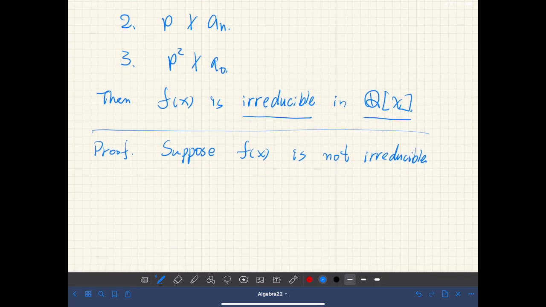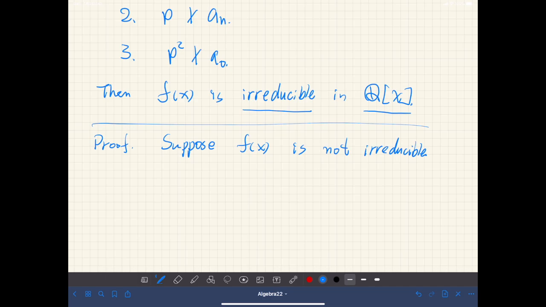So this implies that this f of x can be factorized into the product of two polynomials in Q[x] in this ring. But this in turn implies that f of x can be factorized in Z[x].